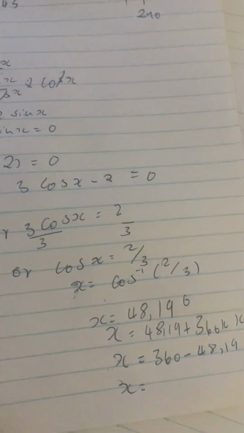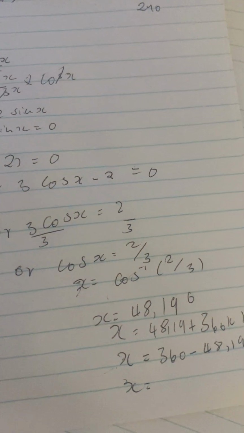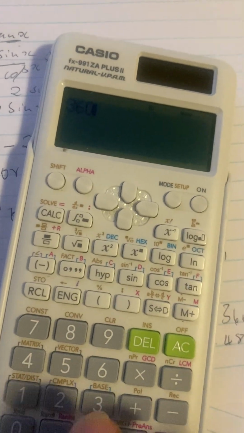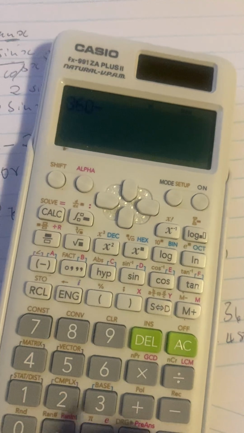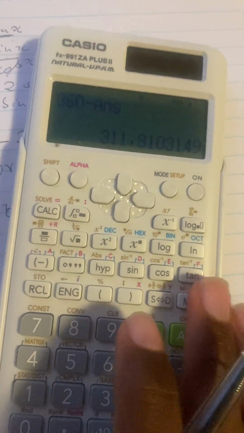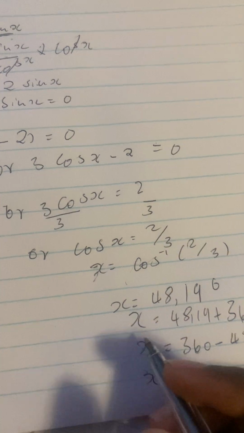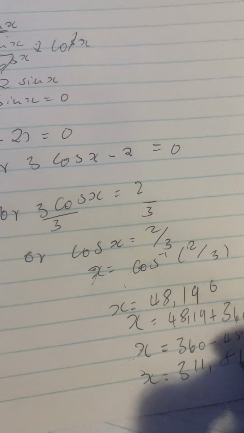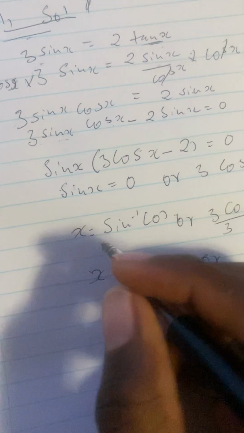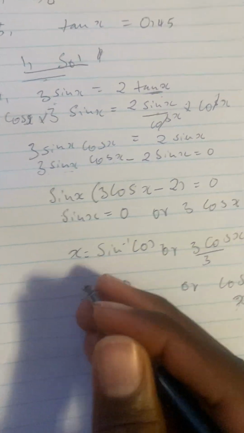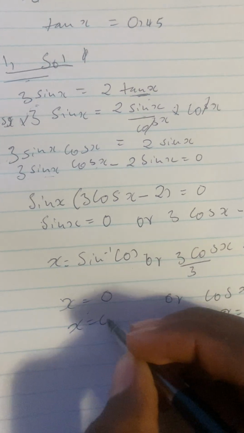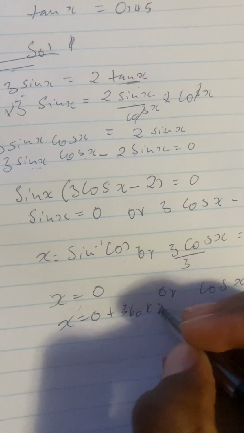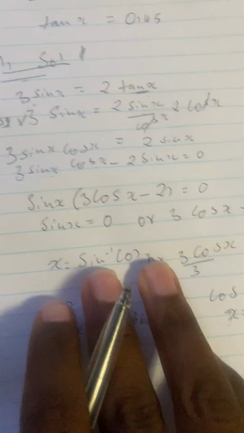And on this side we have x equal to 0, which is x equals 0 plus 360k, k is an element of real numbers.